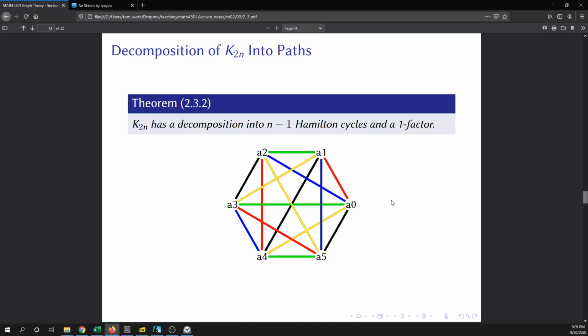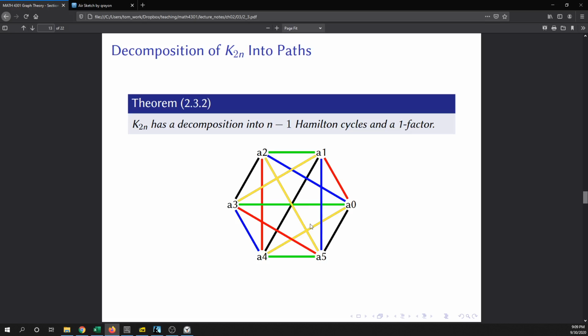We already talked about the situation for K sub 2n plus 1. For K sub 2n, and this is Theorem 2.3.2 in our book, it has a decomposition into n minus 1 Hamilton cycles and a 1-factor. We're just going to illustrate how that comes about.